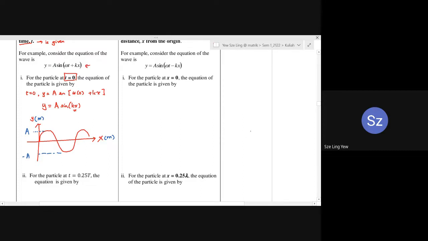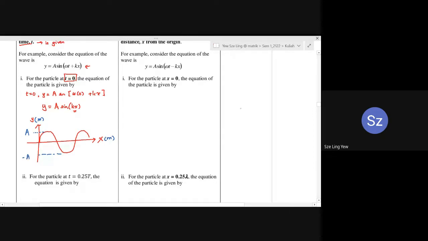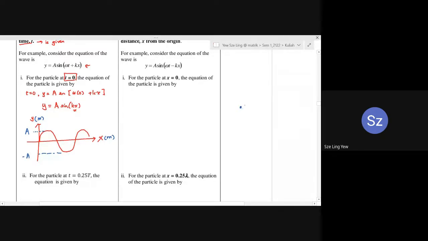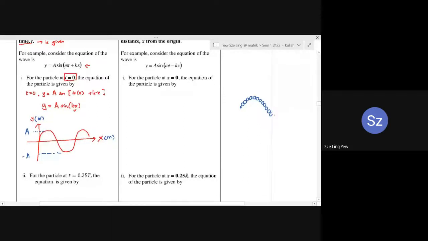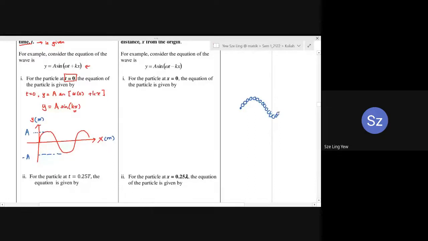If you still remember, in order to generate a progressive wave, we need a source. Maybe you drop a stone into the water, and it starts to transfer energy to the particles beside it. So the whole wave is actually a series of particles that are vibrating, like I show you on the right-hand side.